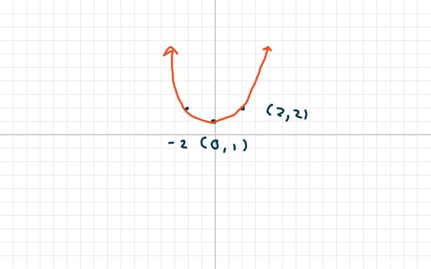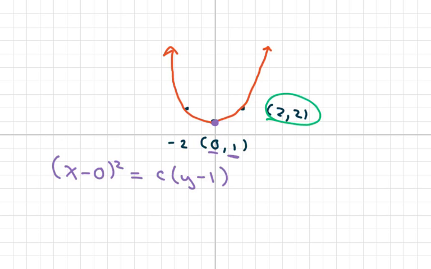And so we're going to have our equation as x minus 0 squared. This opens up, so is that this form here, c times y minus 1. I just plugged in these 2 points for my h, k, because that's your vertex right here. Now I'm going to plug in these numbers for my x and y. So I get 2 minus 0 squared equals c times 2 minus 1.